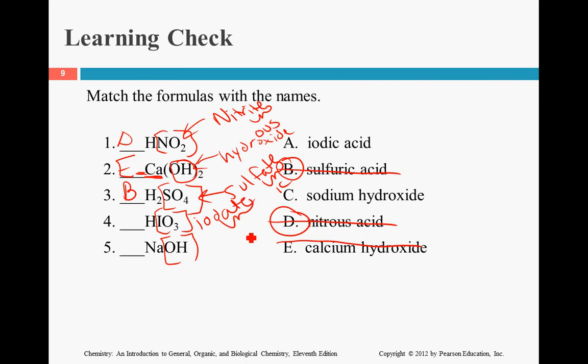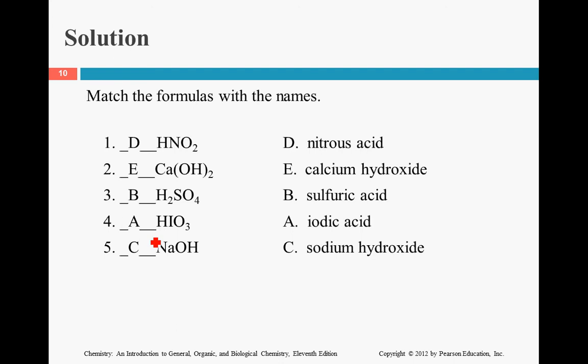Once again, ATE becomes IC. Iodic acid is the answer. And then once again we have hydroxide. Na is sodium, which would be C. And there are our answers once again.